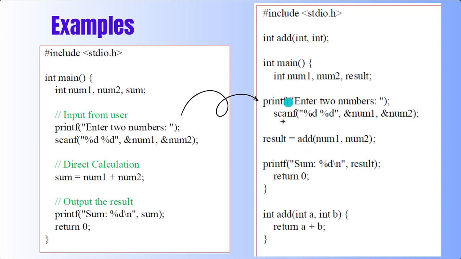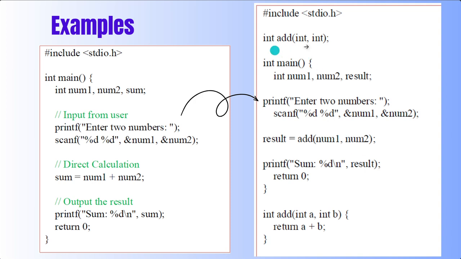This is the add function. We are calling it here and passing the values of num1 and num2. So num1 will be included here and num2 will be included as the second argument. Then it will perform the addition of the two numbers and print the result after coming back to the main function.